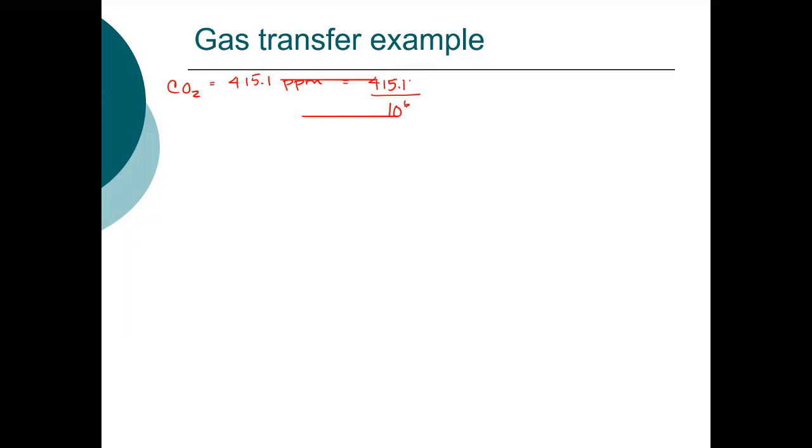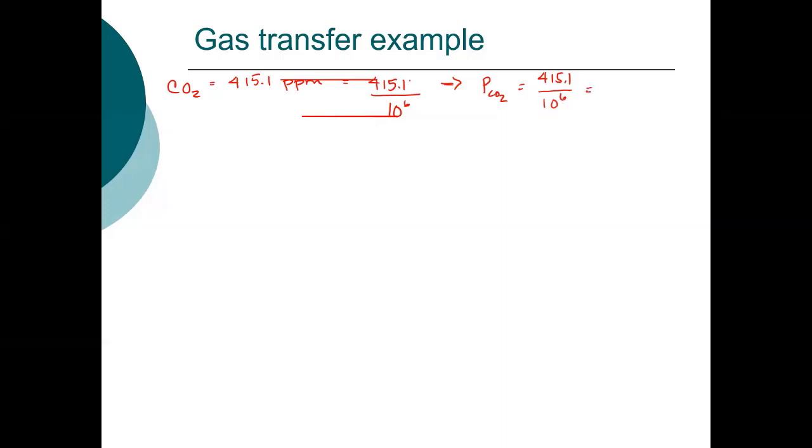Because of the relationship between volume and pressure, that means that the pressure of CO2 is also equal to 415.1 per 10 to the 6 atmospheres.